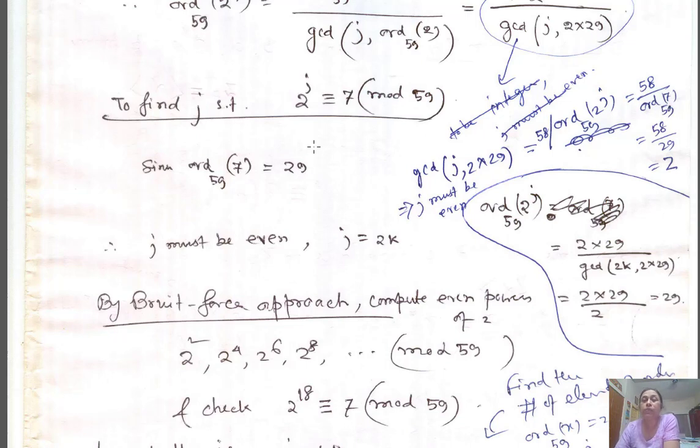Another type of public key cryptosystem is designed to derive its security from the hardness of the discrete log problem. Finding this j is very difficult from this congruence. So we are going to discuss that now: the ElGamal cryptosystem, a public key encryption scheme that derives its security from the hardness of the discrete log problem.